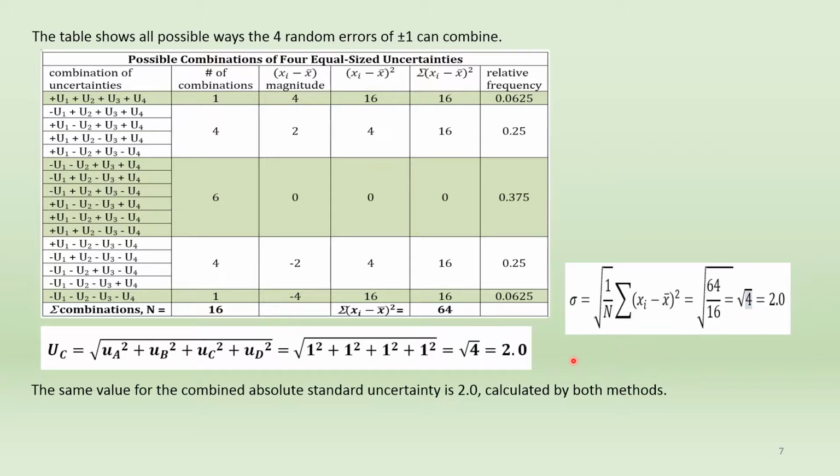And again, it turns out that's exactly the same number that's calculated for the standard uncertainty of the root sum square equation, 2.0.